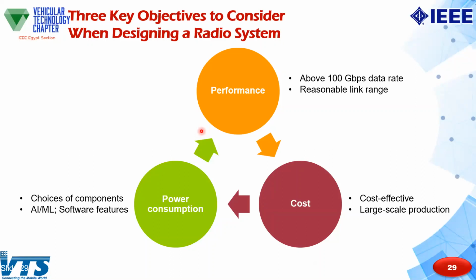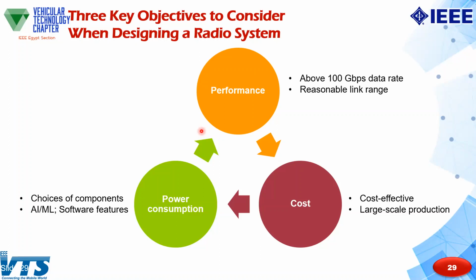For cost, you have to think about a cost-effective solution in order to decrease the total cost of ownership, which will decrease the tariff or the charging rate of your service, and then you can encourage many customers to join your facility.